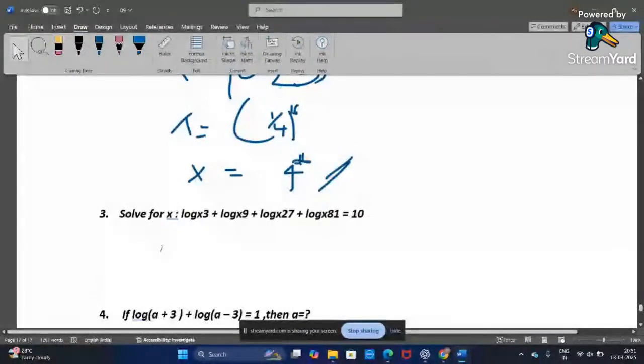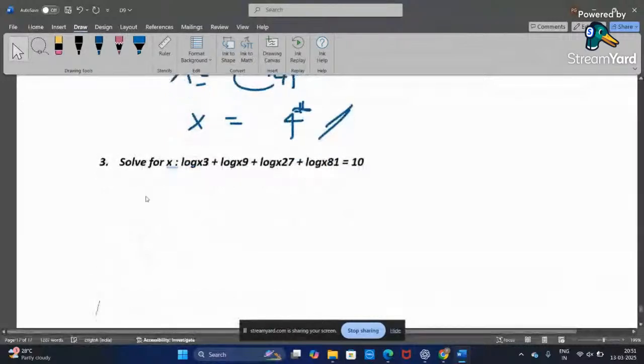Solve for x. Log x3, log x9, log x27, log x81 equals 10. We need to find x. How to find it in this type of question? This is very easy.